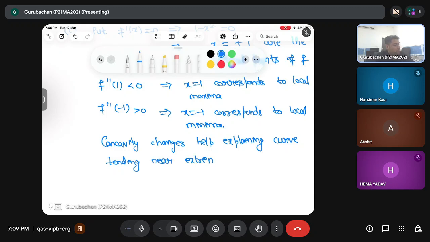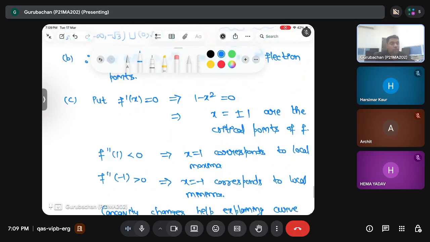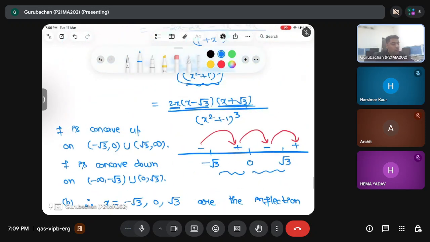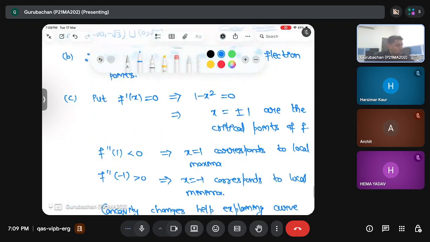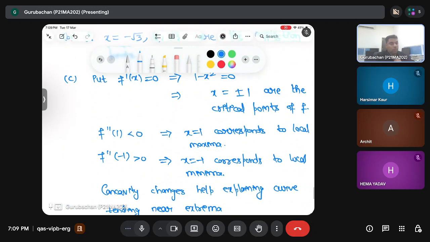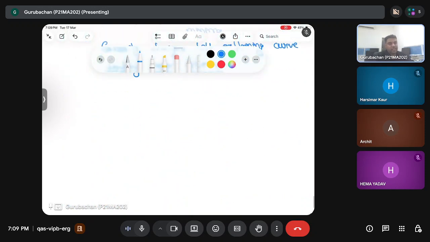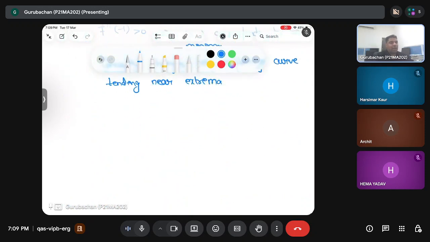Why? Because you are checking the sign of the double derivative at 1 and minus 1, and this concavity sign convention tells you whether this critical point belongs to local maxima or local minima. So in this way concavity is helping us discuss the local extrema condition, or it is nothing but the second derivative test itself.